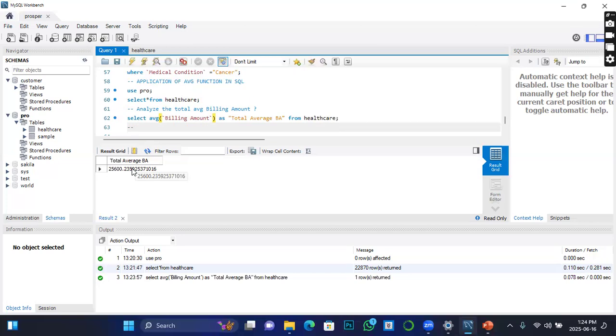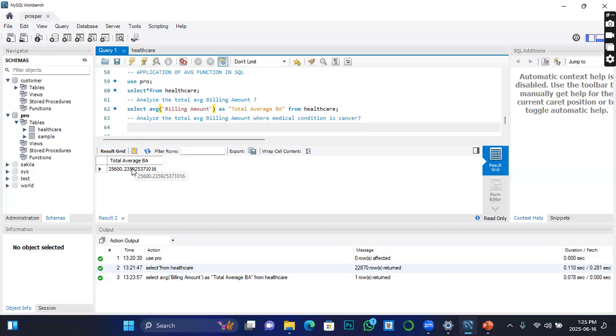So now the question is: analyze the total average billing amount where medical condition is cancer.